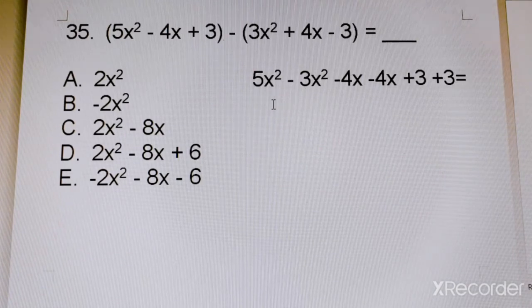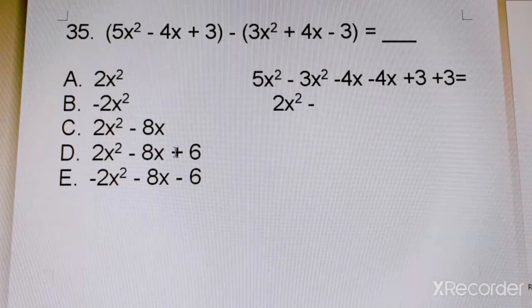So just combine 5x squared minus 3x squared is 2x squared. And then minus 4x, minus 4x, 8x.